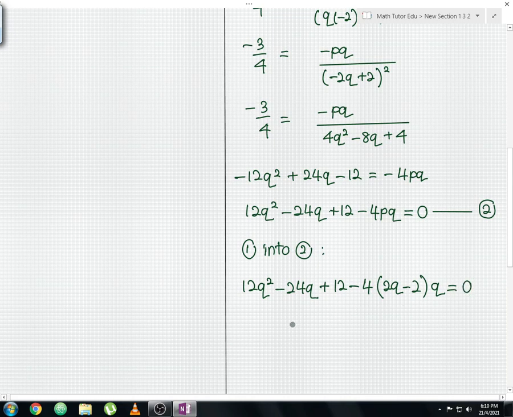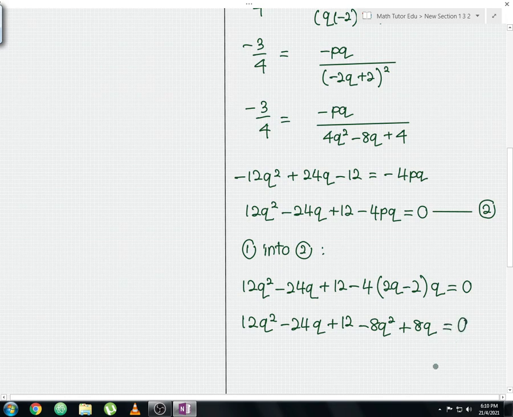Okay, so you times in the negative 4 and the q inside. So from here you should get 12q square minus 24q plus 12, and when you times in, you should get negative 8q square plus 8q is equals to 0.